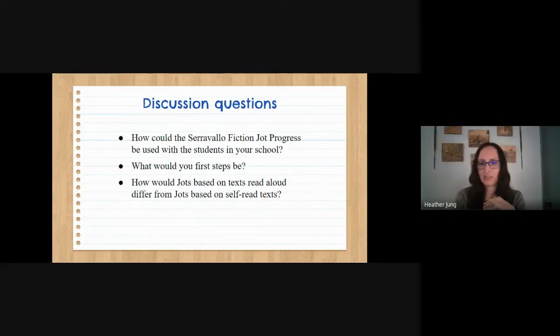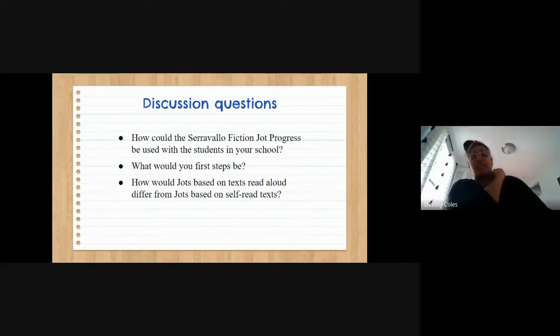Absolutely. I think for my kids, this might be overwhelming for them at first. So we might break this down into steps and start with just the plot and setting. And then when I start teaching them about characters and slowly moving them through it, I could keep it color coded and then lead up to this by the end of the year. But just thinking about keeping it short.